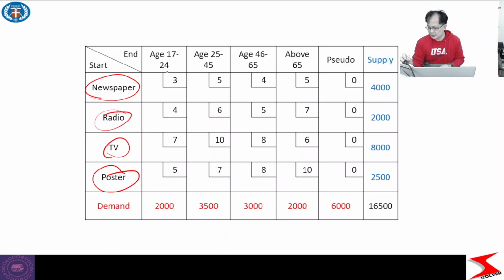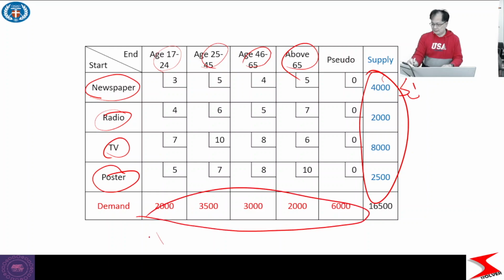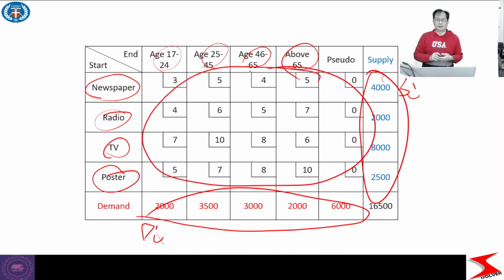Okay, so the ages between 17 to 24, 25 to 45, 46 to 65, and above 65. And for each medium, the target population is here, which means Si here. Here is Di. Okay, so here is Cij, right? So we can transfer this advertisement problem into the transportation problem.